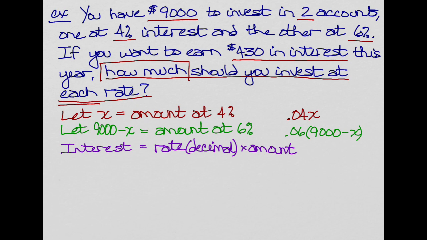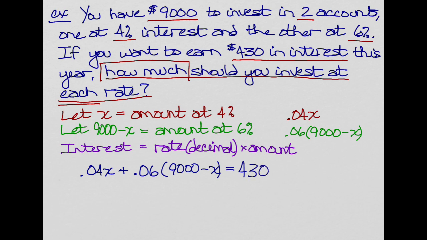If I have interest on the first account, interest on the second account, if I add those together, I should get the total amount of interest that I'm after. So interest on the first account, interest on the second account, all of the interest that I earned this year is going to total up to $430.